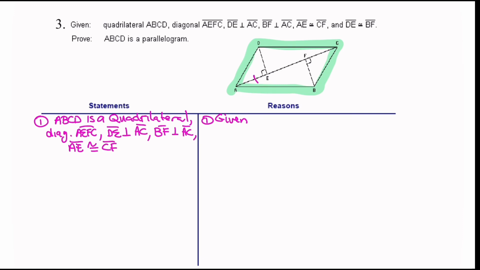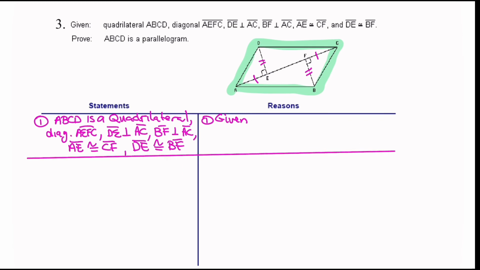That I will have to mark. And DE is congruent to BF. Okay, so that's all the stuff that's given there. We want to prove ABCD is a parallelogram.